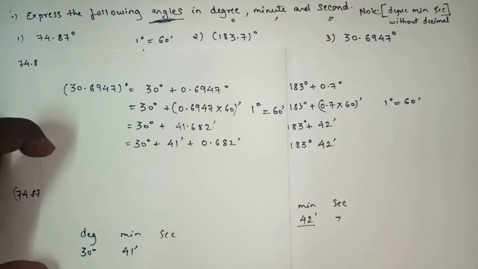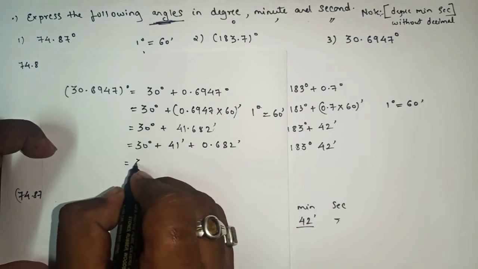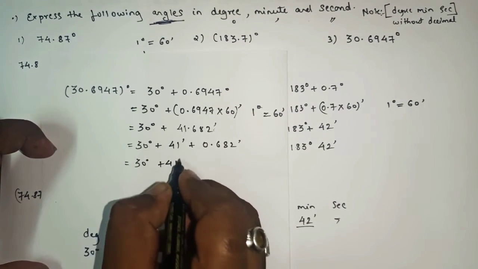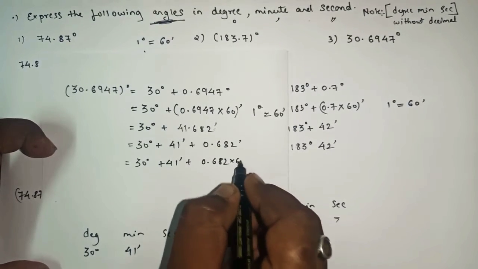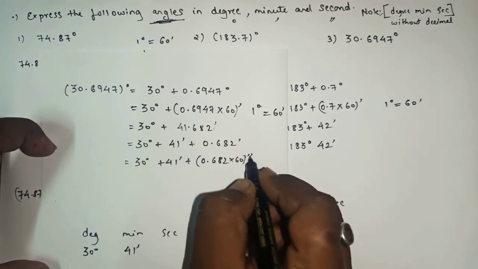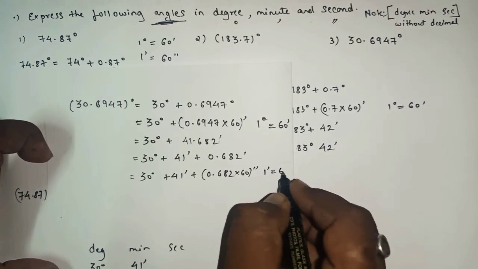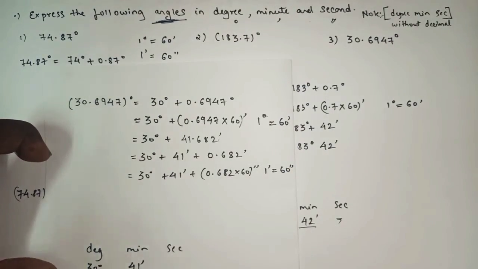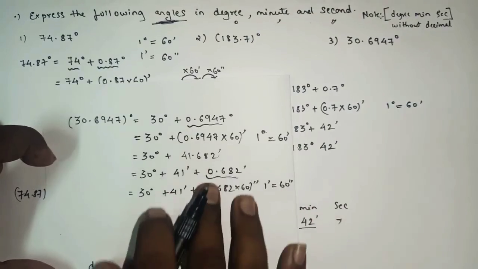Simply, to this decimal section we will multiply by 60, so now this minute will get converted into seconds. So 1 minute is equal to what? 60 second. In simple language, wherever you see decimal, go on multiplying by 60.